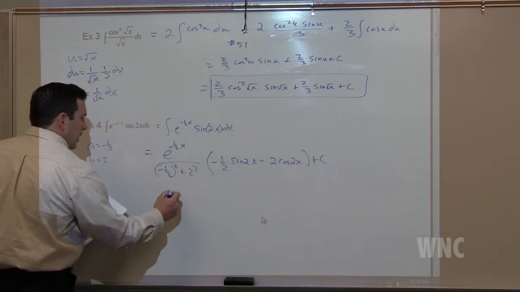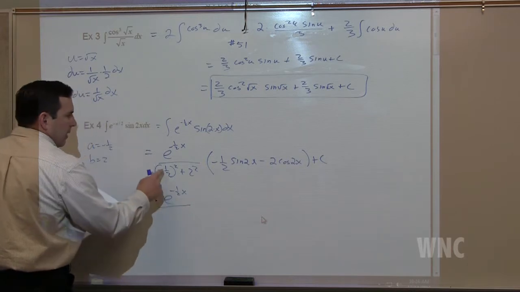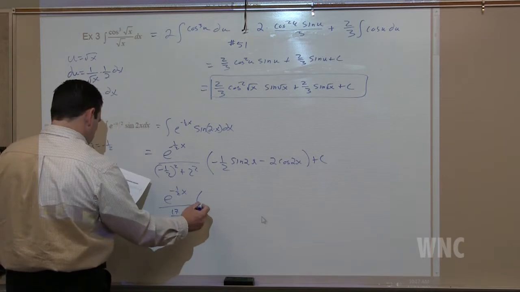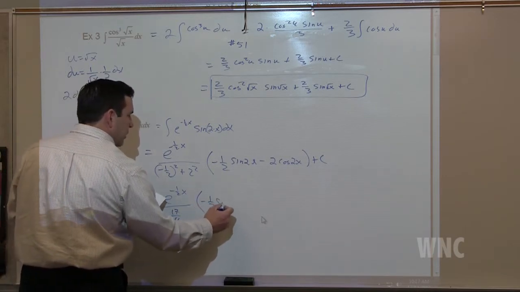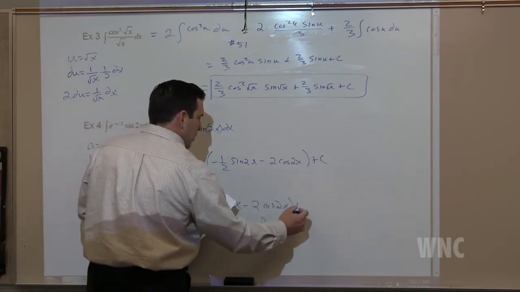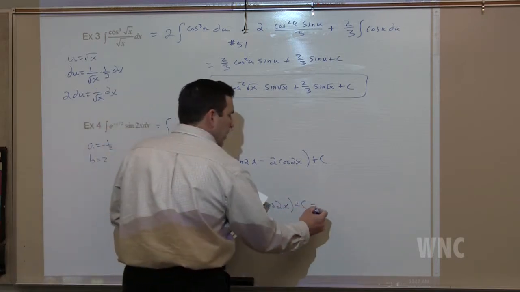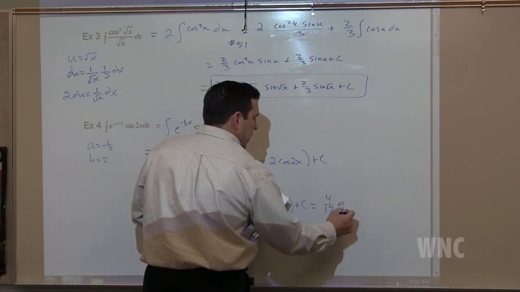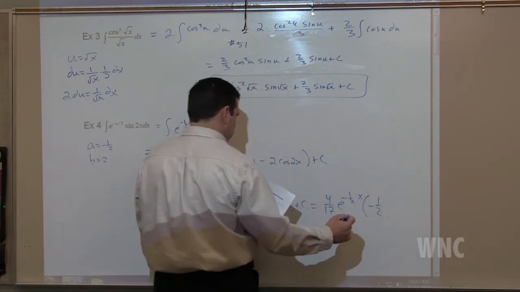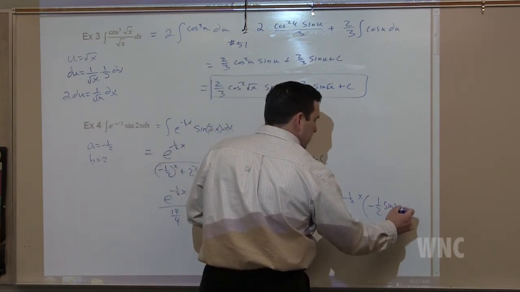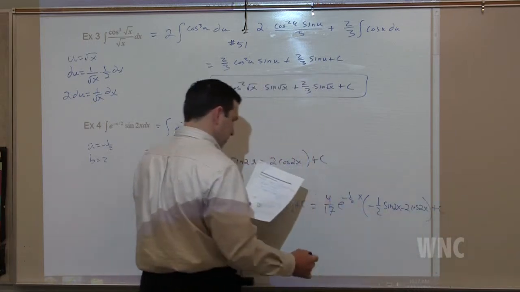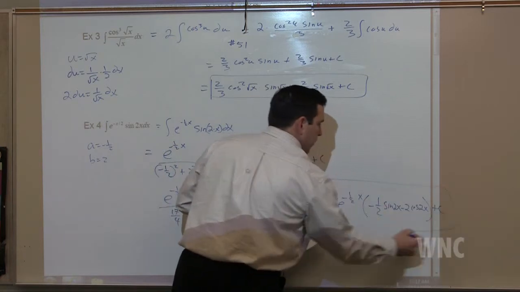So it's e to the -1/2 x over, this is 1/4 plus 4, that's 17/4 times -1/2 sine 2x minus 2 cosine 2x plus c. And it works out to be 4/17 e to the -1/2 x times -1/2 sine 2x minus 2 cosine 2x plus c. And that's the end.